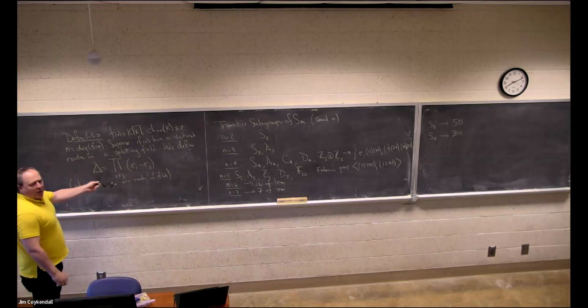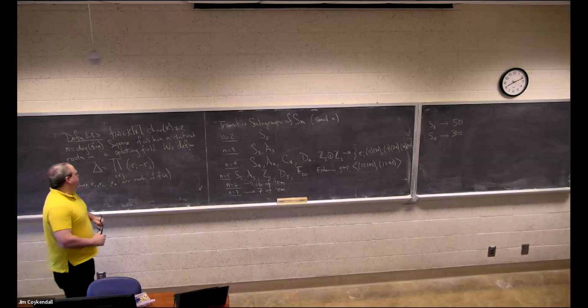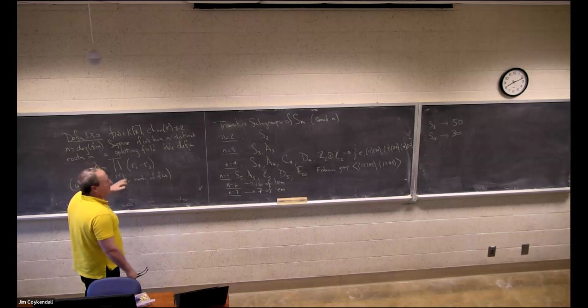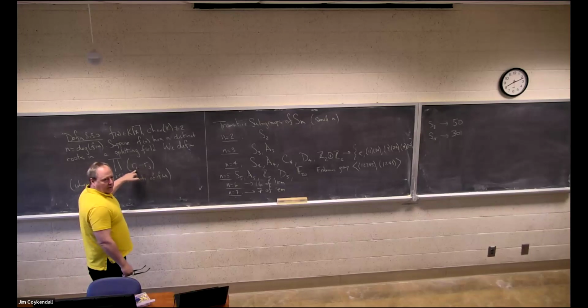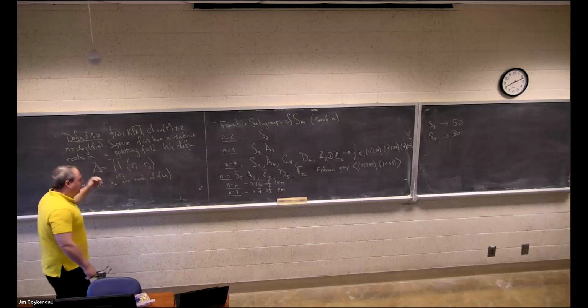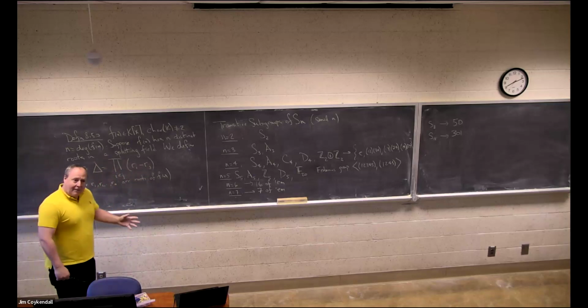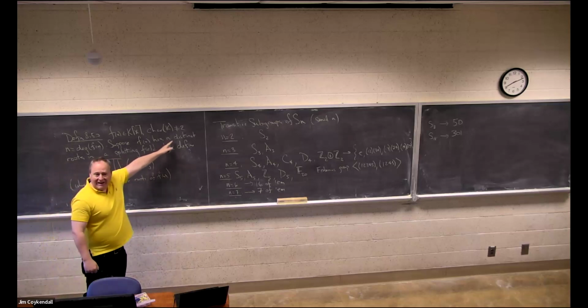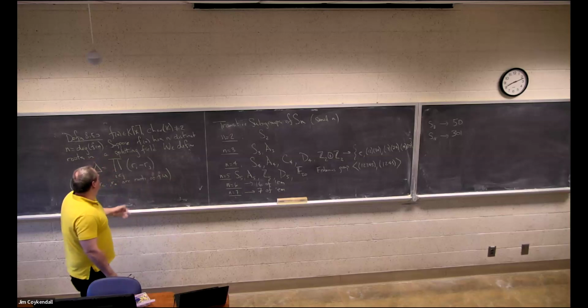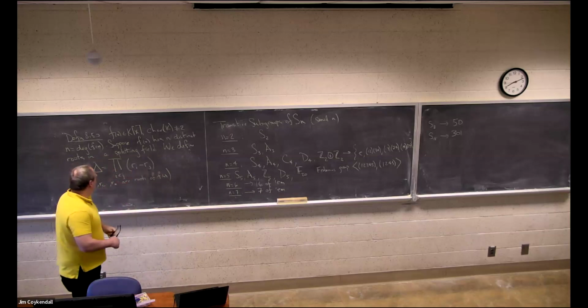So you look at this product here, and for example, if n is 3, it's a degree 3 polynomial, it's (R1 minus R2)(R1 minus R3)(R2 minus R3). So it's the product of all the differences of the roots. And perhaps at this point, you see why we want the roots to be distinct, because if they're not, then this turns out to be 0.